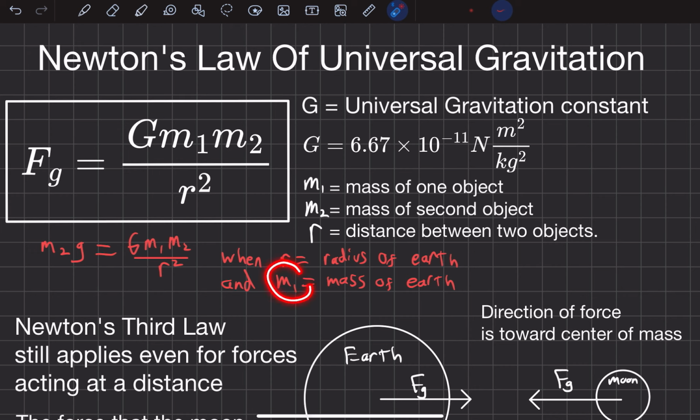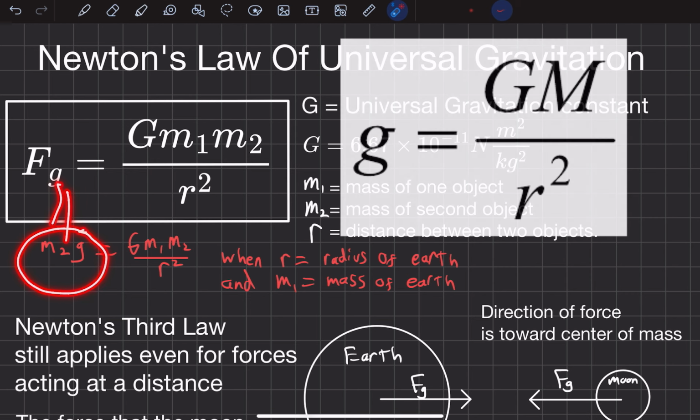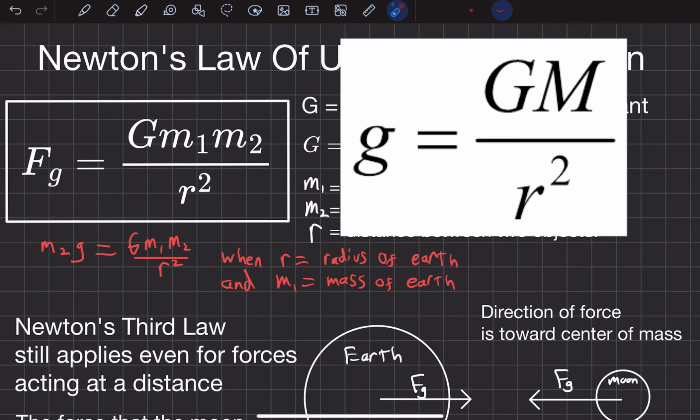Second thing that must be true, the mass of m1, or one of these masses, it doesn't matter which one, honestly, is equal to the mass of the Earth. This equation, Newton's law of universal gravitation, simplifies down to the simpler mass times little g constant when we're talking about an object being on the surface of Earth, specifically at sea level.